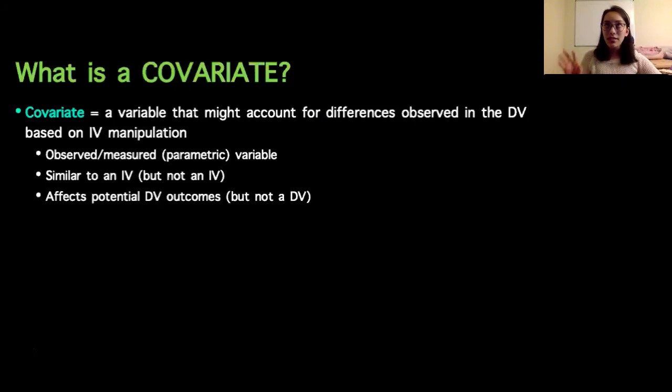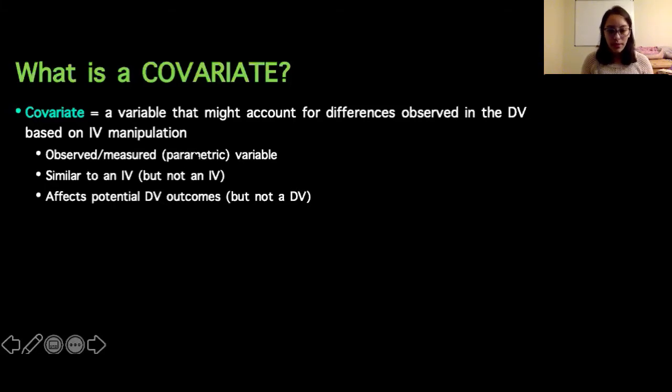So this is similar in the respect that if you separated out those components of a regression and you're only looking at one variable that might have an effect on a dependent variable, that's what the covariate is in ANCOVAs. So it's just a variable that might account for an observed difference in the dependent variable, but based on an independent variable manipulation. So in the sense of, is it parametric or non-parametric, covariates are always measured. So they will always be classified as parametric data, right? Which is our ratio or interval data.